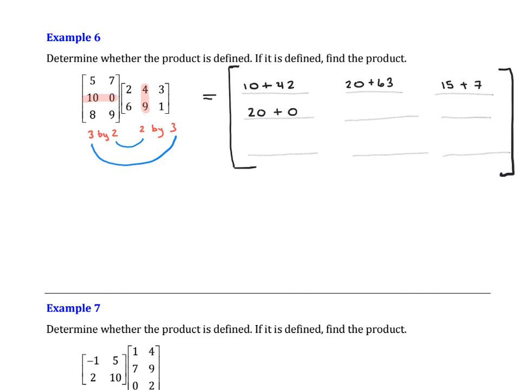So 10 times 4, and then 0 times 9. Now let's move to the second row, third column. So 10 times 3, 0 times 1.